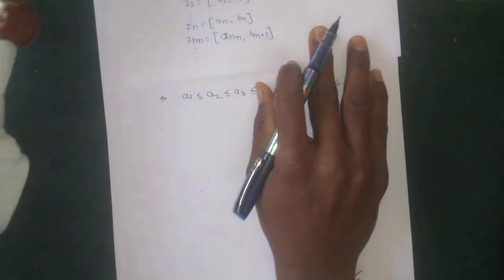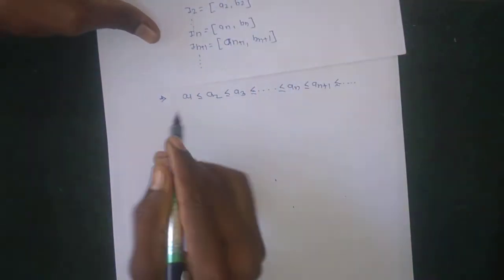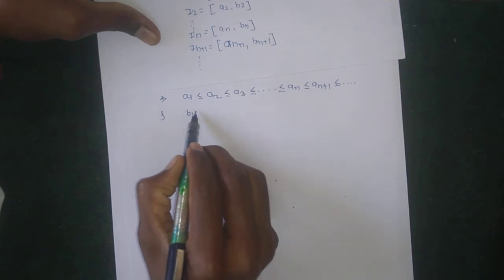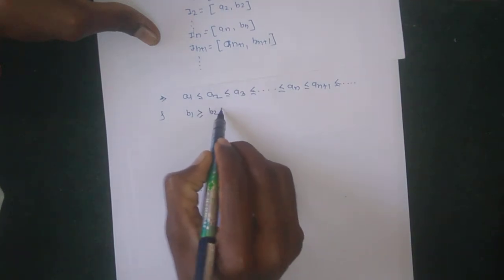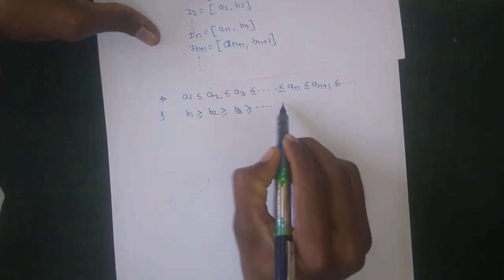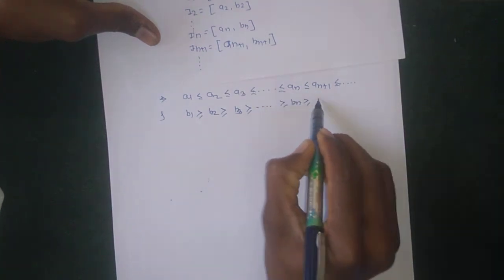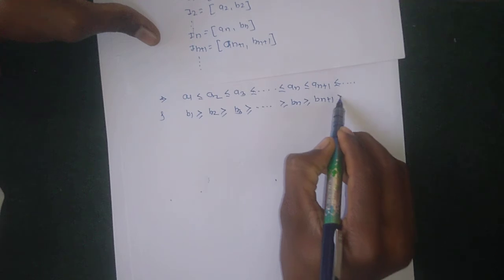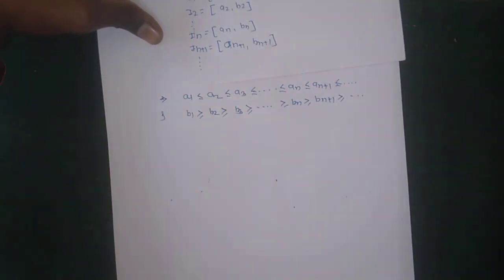In this way, this sequence is given. And B1 is greater than or equal to B2, greater than or equal to B3, and so on, B_n is greater than or equal to B_{n+1}, and so on.